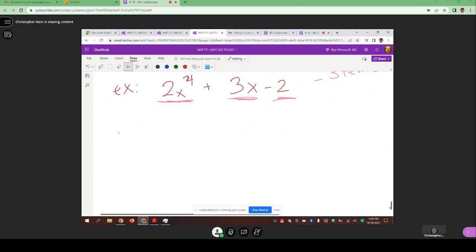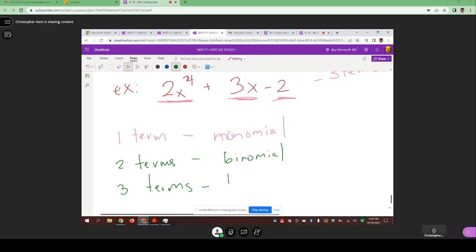So, if I have 1 term, I can call that a monomial. Mono means 1. If I have 2 terms, I can call that a binomial. If I have 3 terms, I call that a trinomial.